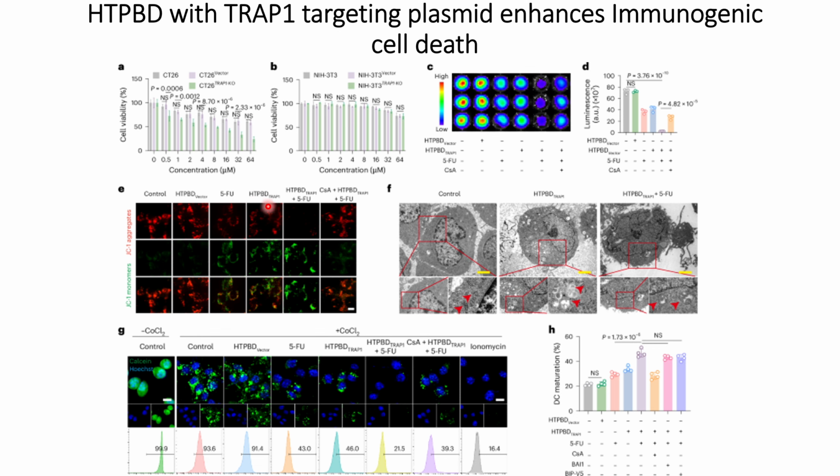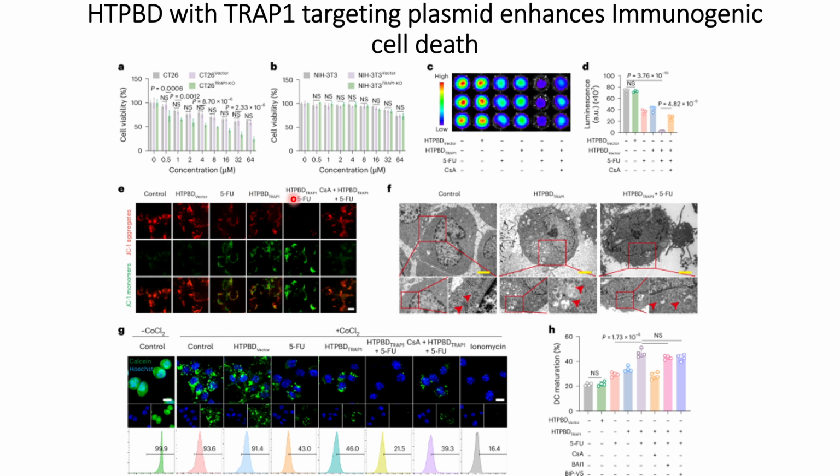When they use HTPBD with the TRAP1 targeting plasmid, we can see an increase in the monomers and a decrease in the JC1 aggregates, but this decrease does not look significantly different compared to 5FU.